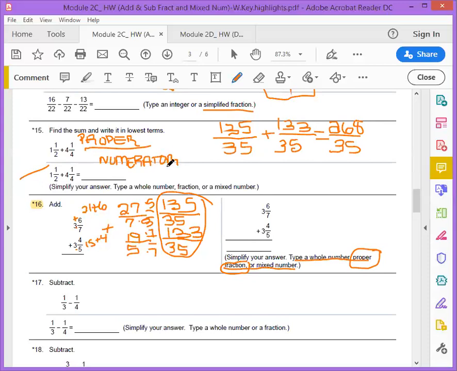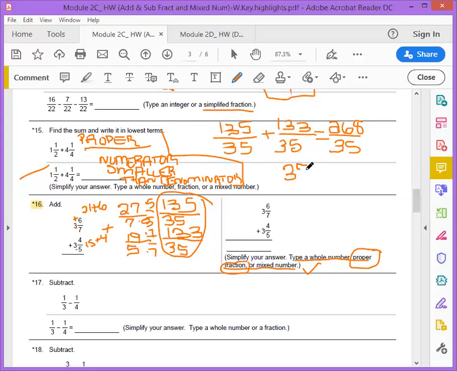Numerator should be smaller than the denominator. Now, if we look at our fraction, our numerator is larger than our denominator. So we need to rewrite it as a mixed number. We have to convert this improper fraction to a mixed number.